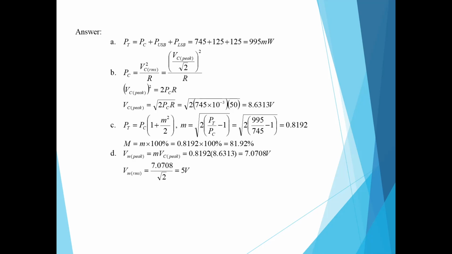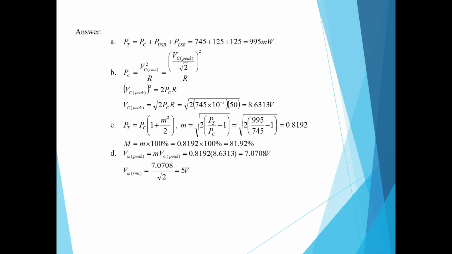So the next question asks, how much is the modulation index? So for modulation index, remember that we need to use the peak amplitude. In terms of power, you can use these equations.